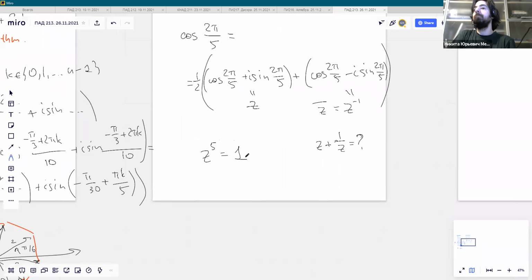Well, let's work with this polynomial. I hope you know that 1 is the root of this equation. So I can divide this Z5 minus 1 by Z minus 1. I will not perform the division right now in details. We are going to talk about division of polynomials in just a few minutes. But right now, let me simply provide the result.